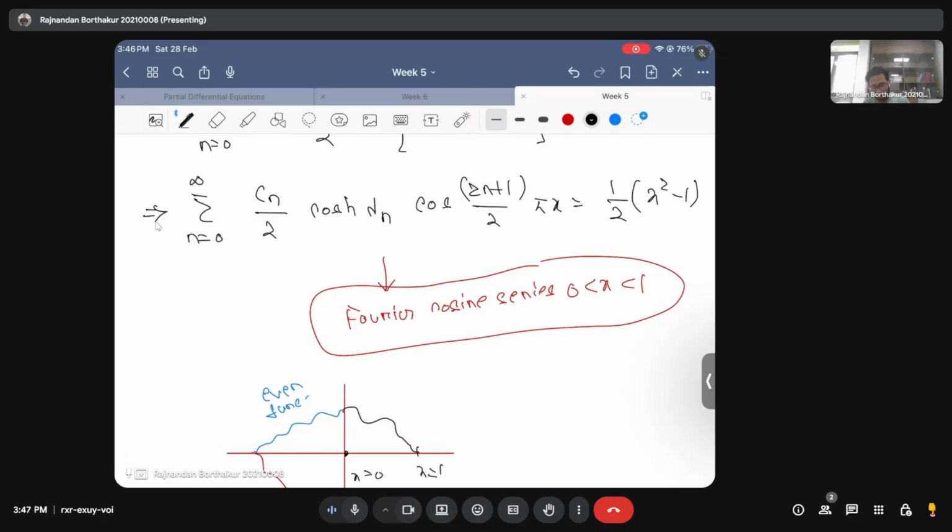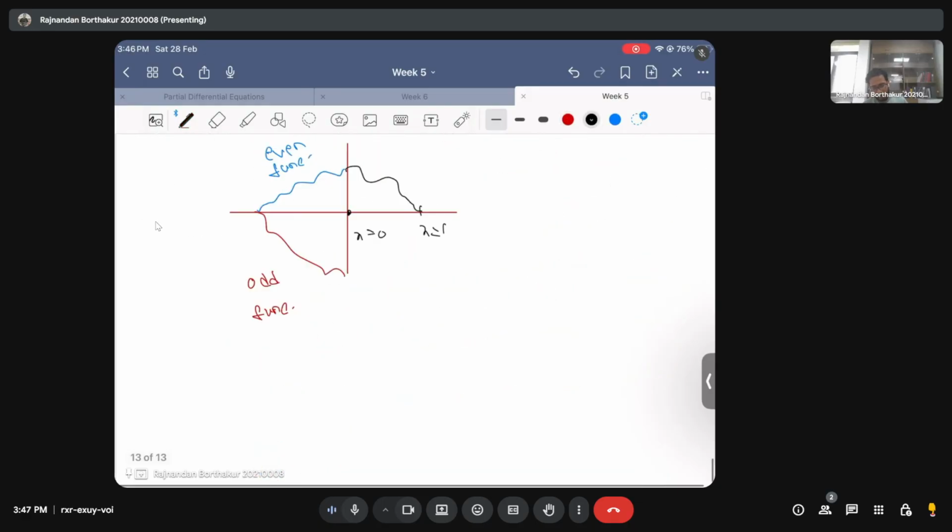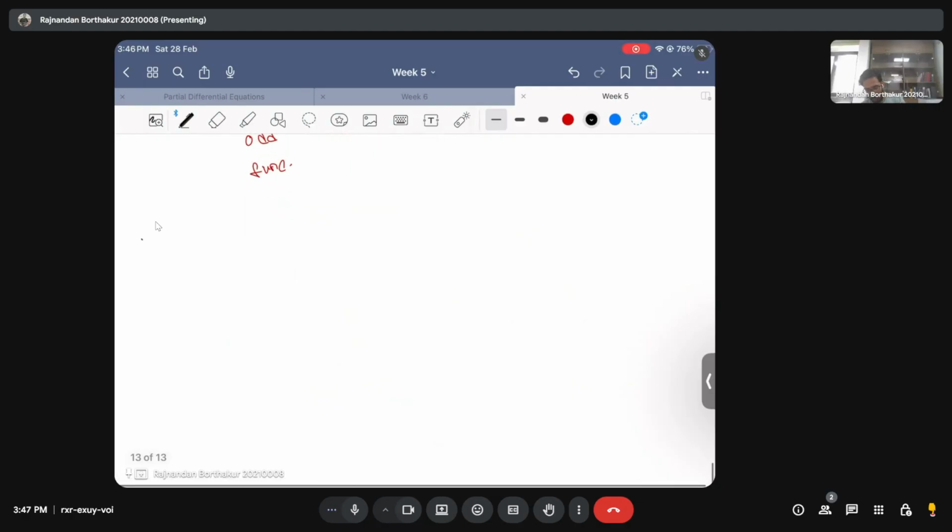But anyway, what we now require is to evaluate the constant Cn. So there is something known as an orthogonality principle.